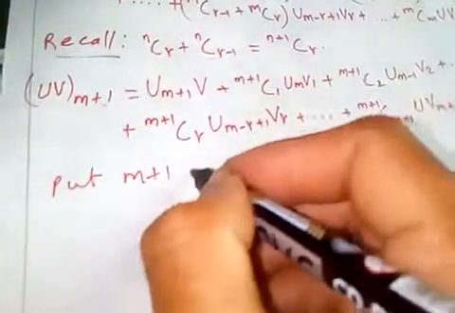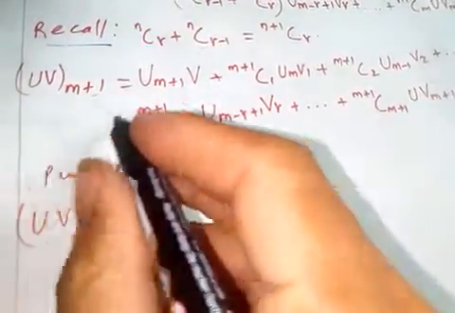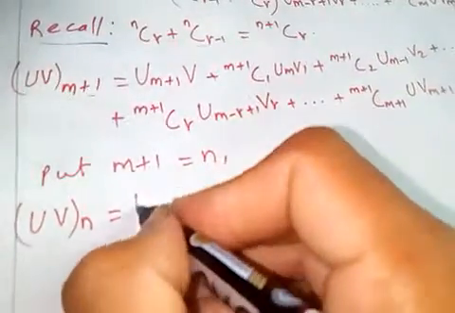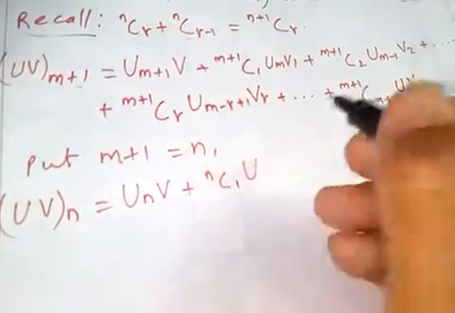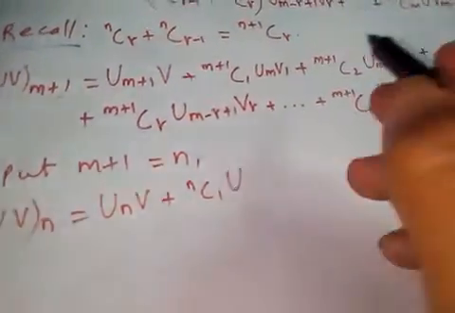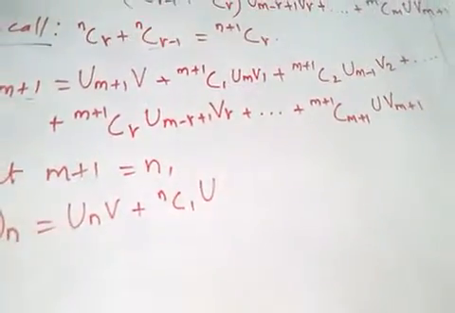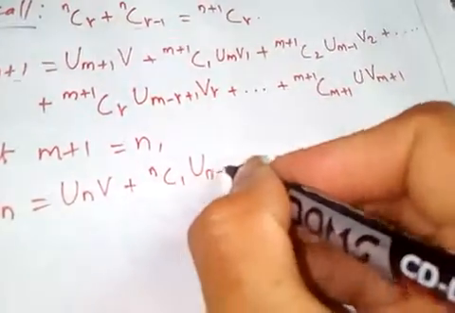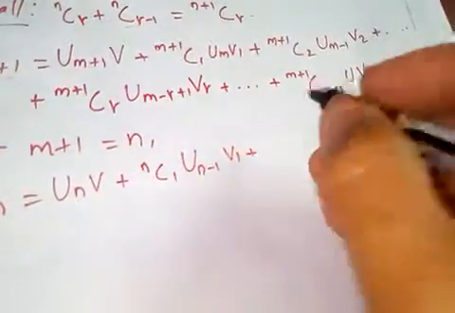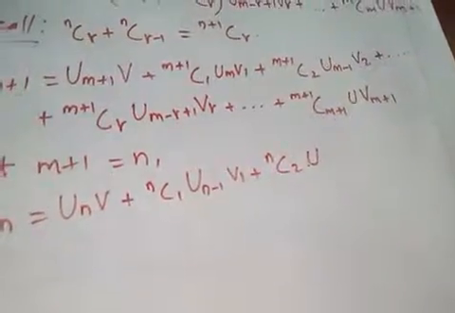Now just put m plus 1 is equal to n, okay, in here. So what is that? u v n, which is equal to u n v, okay, plus nC1 u, and here we have only m, okay, and here m plus 1 we put n, okay. If you find out m here, that means this I will transfer here, that means n minus 1, okay, n minus 1 v1 plus nC2 u, okay.